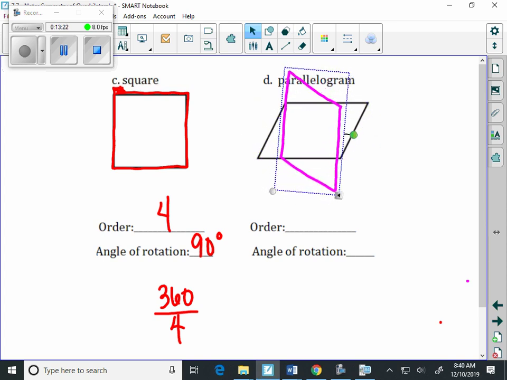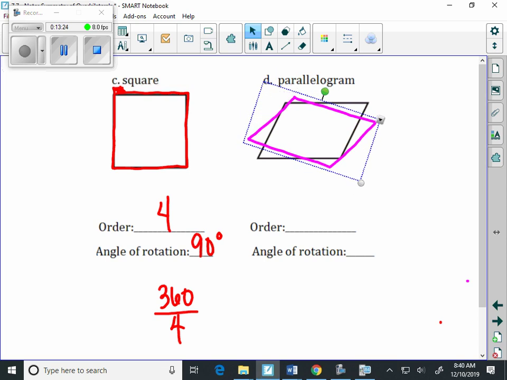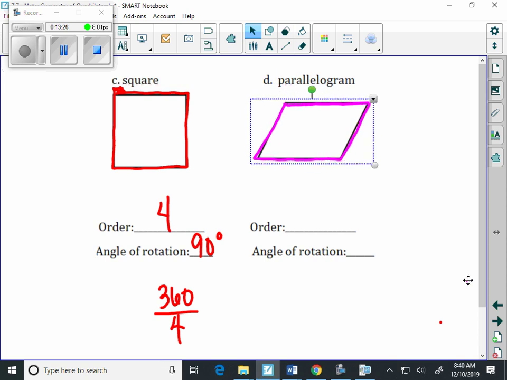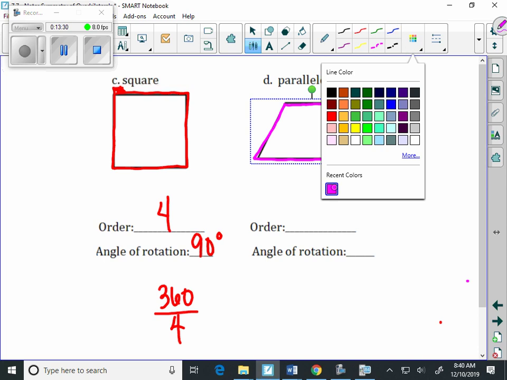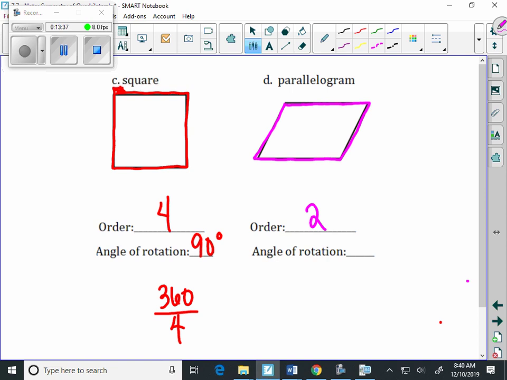If we turn it a third time, we don't. But when we go full circle here, we do. It turns out that we do have rotational symmetry, even though we don't have line symmetry in a parallelogram. Two times we mapped the figure onto itself. And once again, to figure out the angle of rotation, we take 360 divided by 2, and we get 180 degrees.